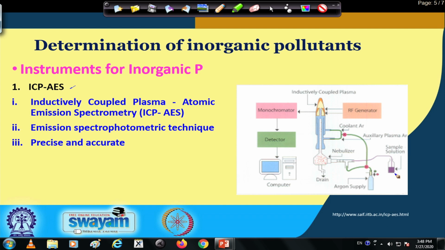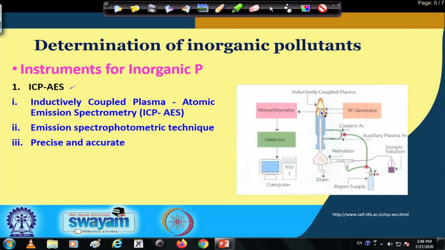So, there is a sample solution, as you can see we are injecting the sample solution here, and there is a nebulizer which helps in introducing the sample into the plasma torch, and in this plasma torch, to generate the plasma, the argon is being supplied, and as a result there is a plasma formation.